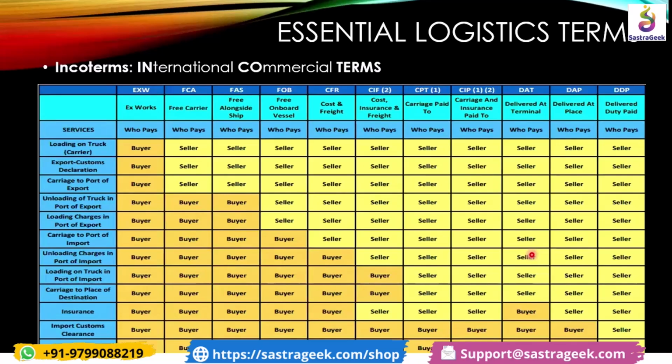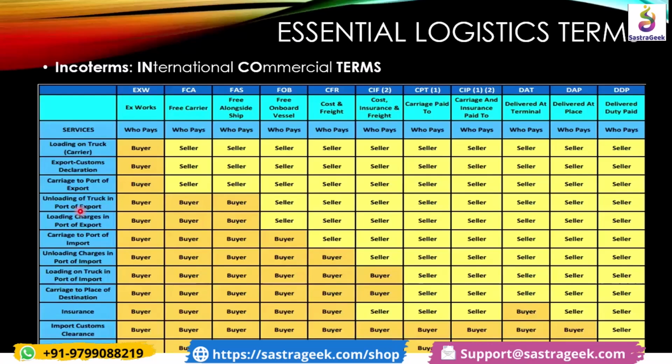So now when I say I need to go from point A to B, at a business level it will be decided what list of services I'll be utilizing as part of going from point A to B. Suppose loading will happen, customs clearances will happen, insurance, import duties, taxes, unloading, a lot of things will happen.